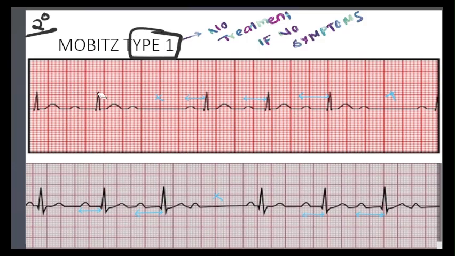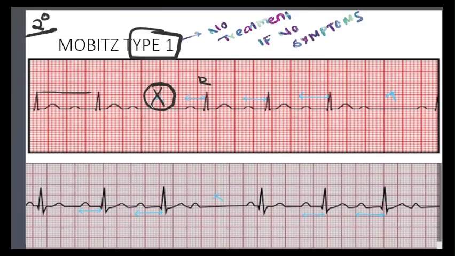So let's look at the ECG. Yes, as you can see, the distance between this R and this R, compared to the others, is large. So yes, here is a heart block. This P has not converted to a QRS complex because there is a block.